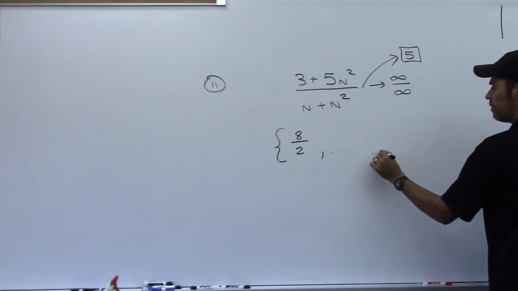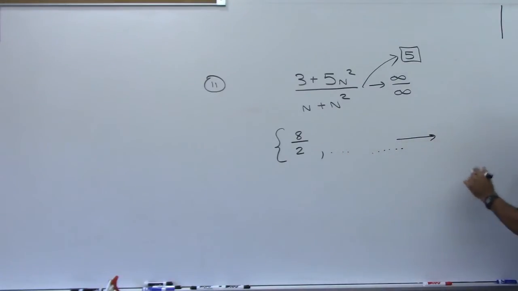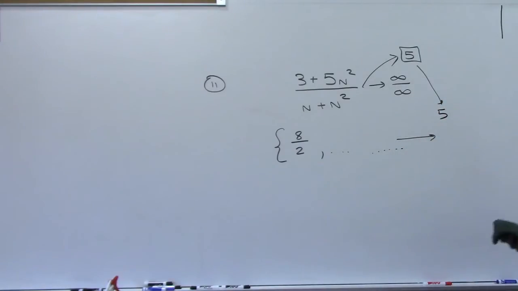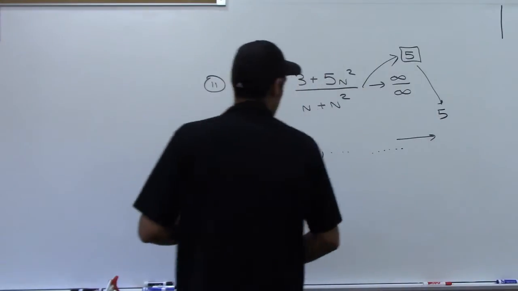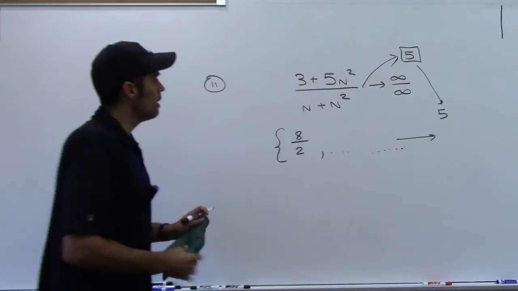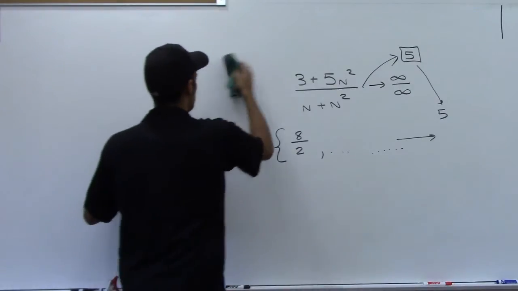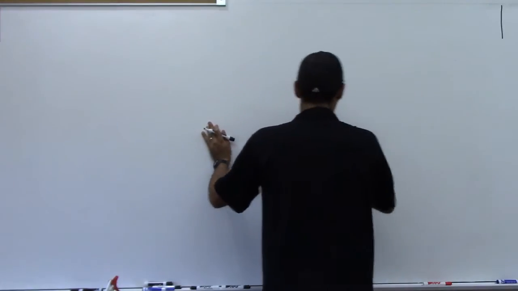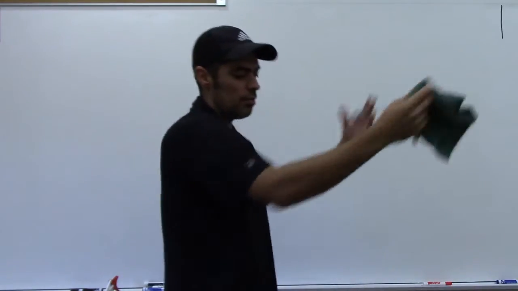What I can tell you is that the further out in this list I go, the closer and closer I get to 5. Without actually ever necessarily getting there, these numbers get closer and closer to 5 the further out I go. Right? I'm just trying to keep everything in perspective, like what it is we're saying here. Trying to determine where the sequence goes to.